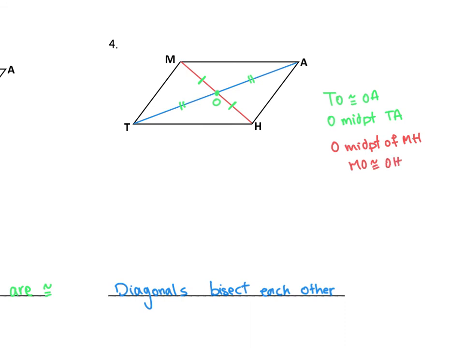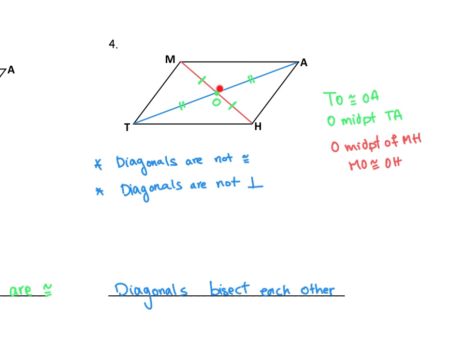Now, yes, diagonals bisect each other in a parallelogram, but diagonals are not congruent in a parallelogram, which means that MH is not congruent to TA, and diagonals are not perpendicular in a parallelogram, which means that they don't form a right angle where they meet.